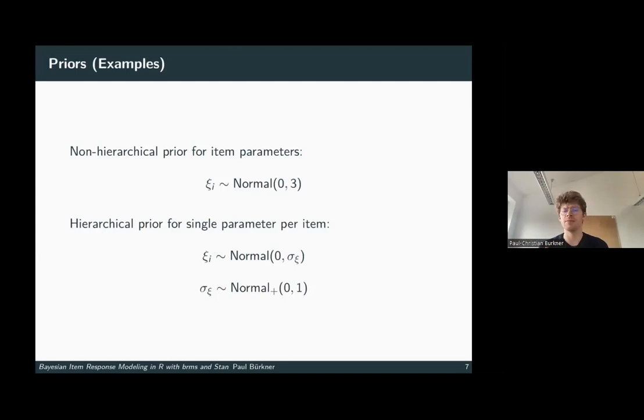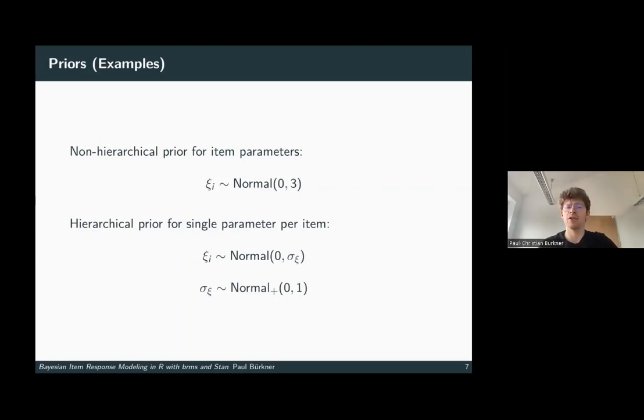It would regularize the model and make it a little bit more stable, but otherwise wouldn't add too much information. But the most important part of the non-hierarchical prior is that the hyperparameters, this 0 and the 3, mean 0, standard deviation 3 here, are fixed. We just set them and that's it.